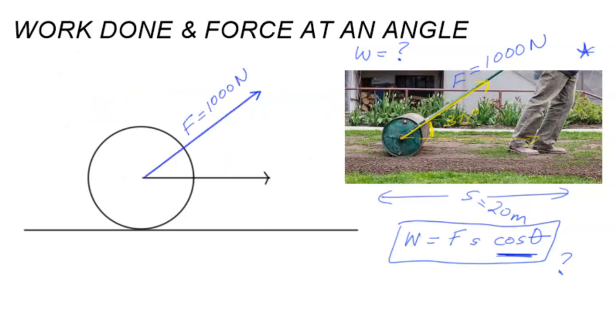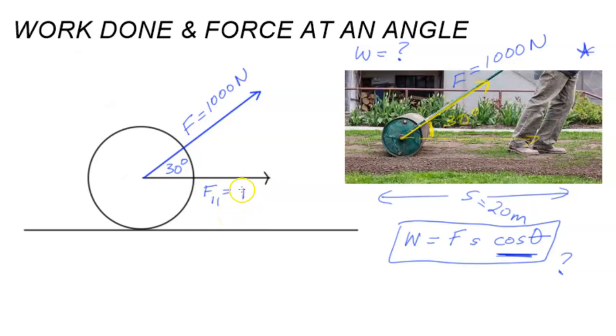Okay, let's come back to this problem where we've now got the 1000 newton force acting at a 30-degree angle from the horizontal. So this means we'd get a reduced parallel force acting horizontally.